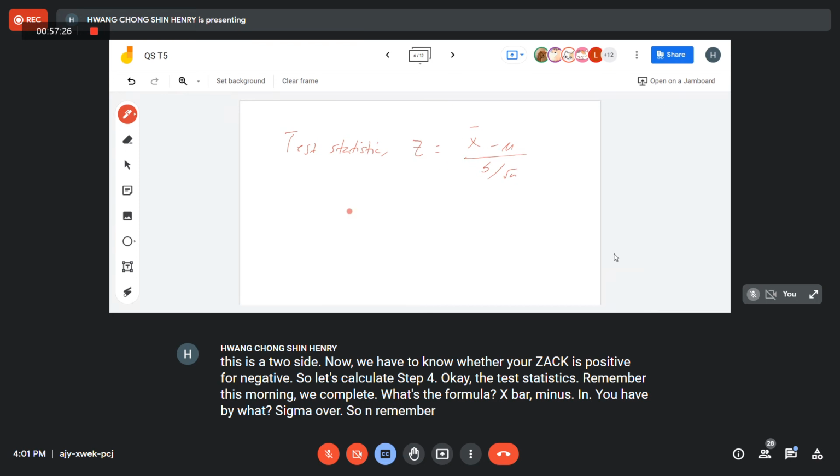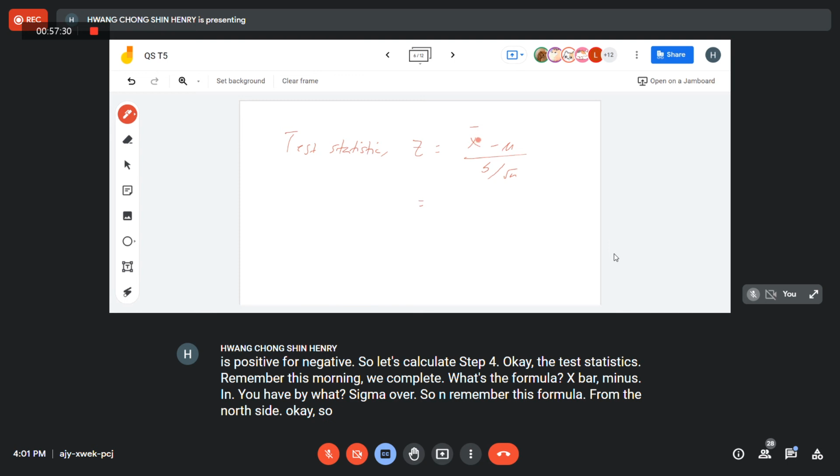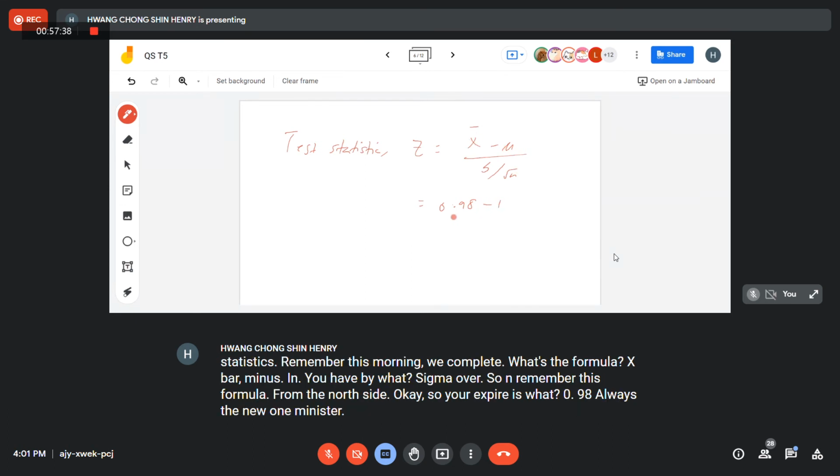Remember this formula from the notes? Okay, so your X bar is what? 0.98. Always the new one minus the old one. Divided by 0.02 over square root of 49.